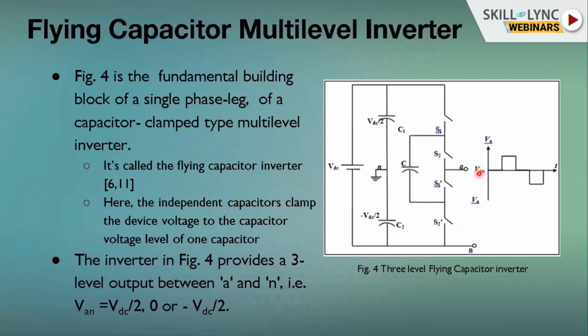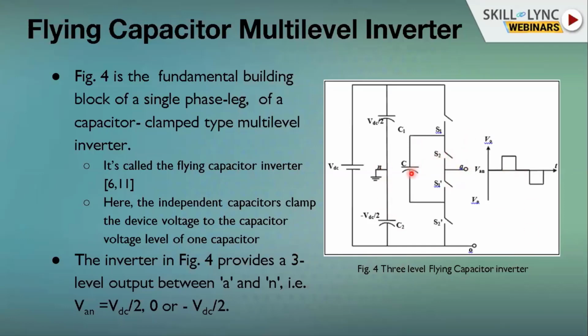And if you have the middle 2 on, S2 and S1 dash, you are at 0 volts. It's very tricky. It's easier to say that, keep S2 and S1 dash on, you still have a load from A to the neutral point floating.